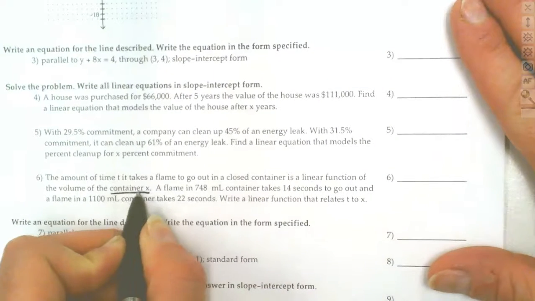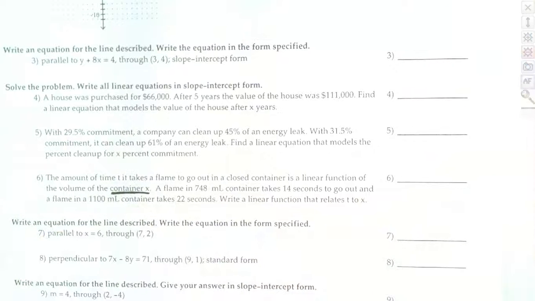So x is going to be the volume. A flame in a container that has 740 milliliters takes 14 seconds to go out, and a container that has 1,100 milliliters of air takes 22 seconds to go out.